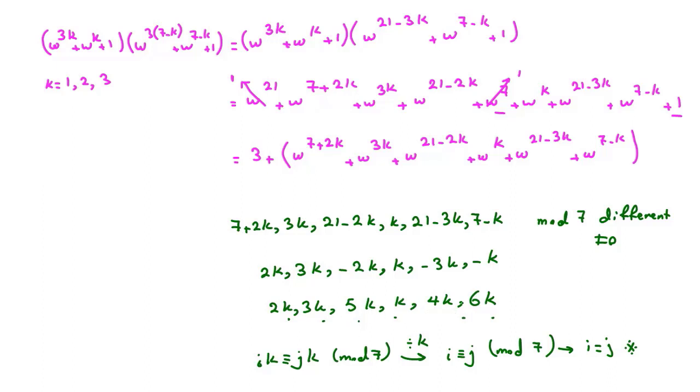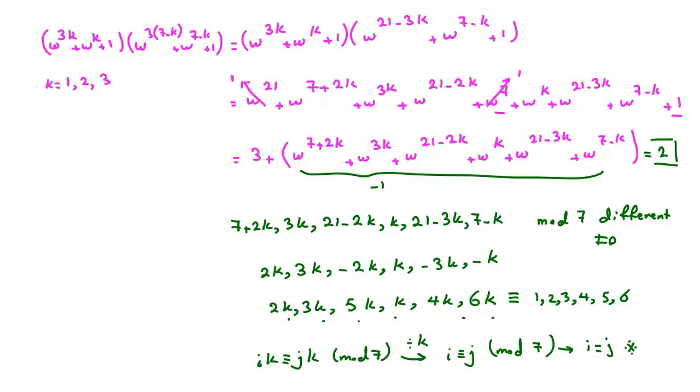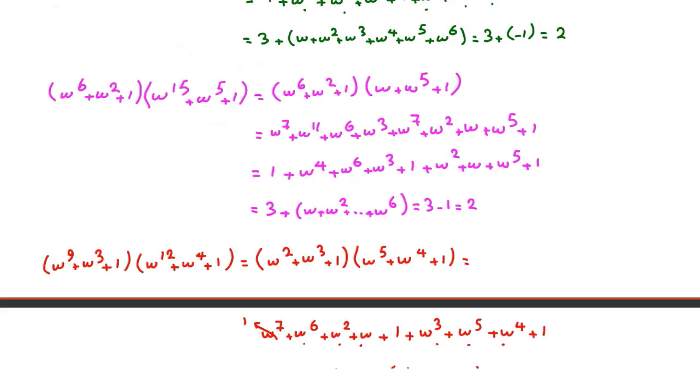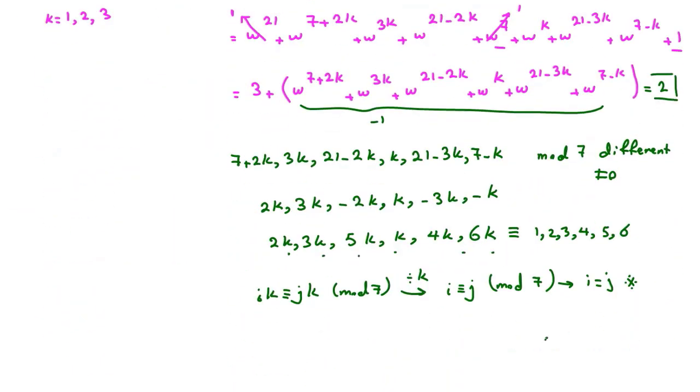So all of them are different. So mod 7 they are equal to 1, 2, 3, 4, 5, 6. So this part is -1. So 3 minus 1 is 2, so 3 times 2 cubed, 3 times 8, equal to 24.